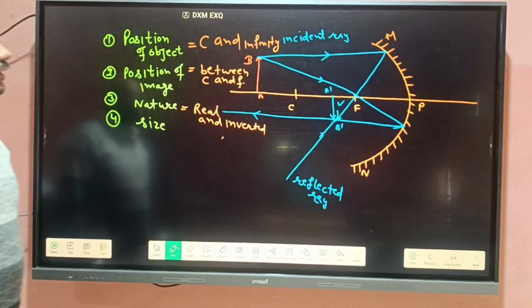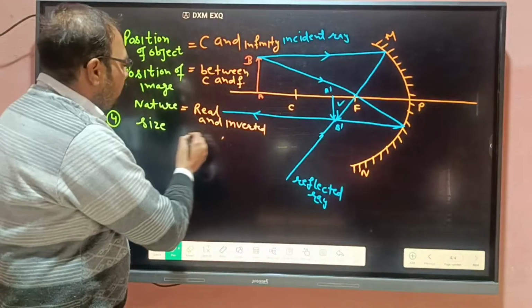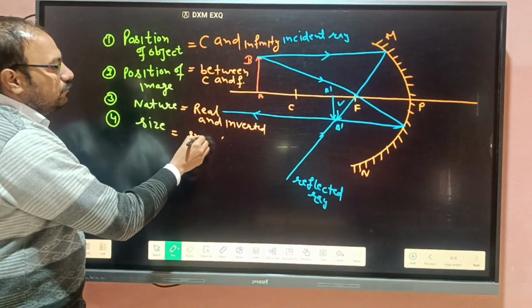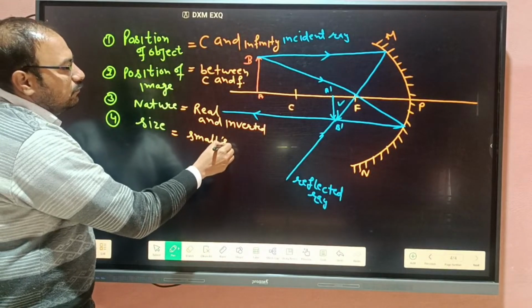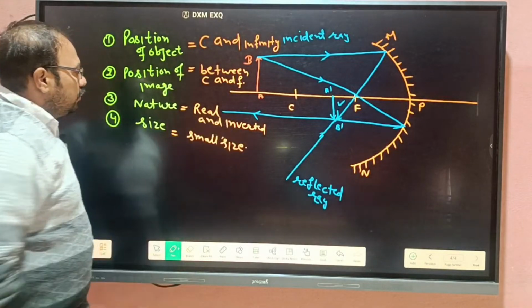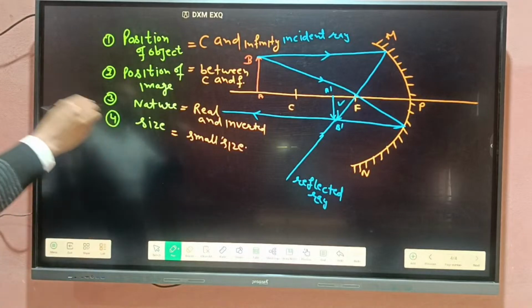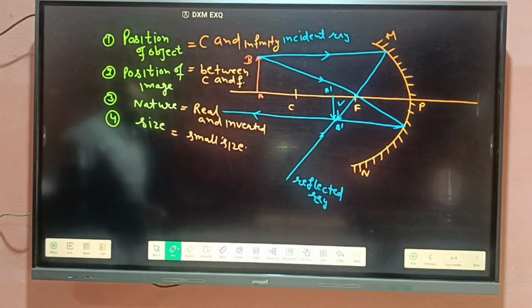And the last one left is size. So the size is small. So this is the nature of image formation by the concave mirror.